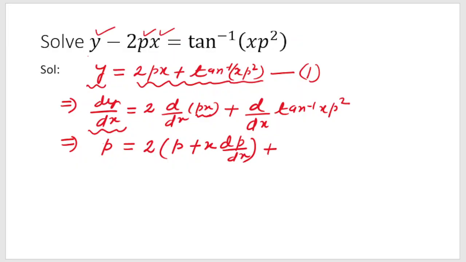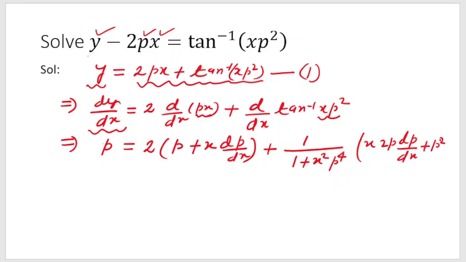And if I differentiate tan inverse of xp square, you know it is 1 over 1 plus x square p to the power 4, and then we have to differentiate xp square, so x, and the differentiation of p square is 2p dp by dx, product rule I am using, and plus p square, and dx by dx is equal to 1. I hope you are clear about the basic differentiation, because here I have used the product rule.